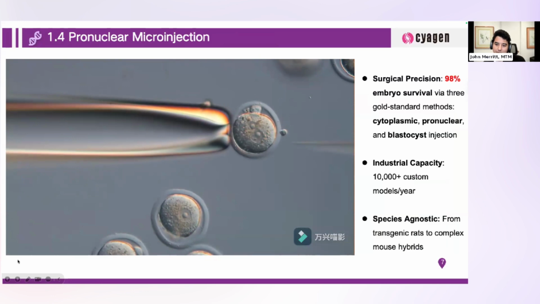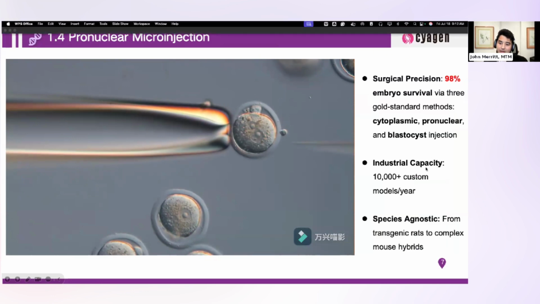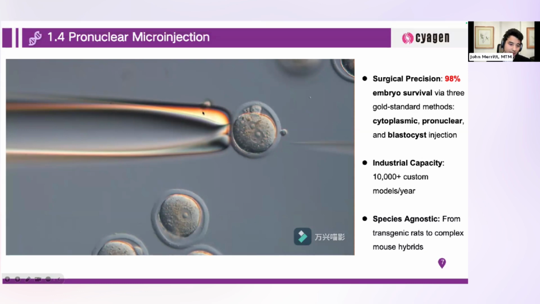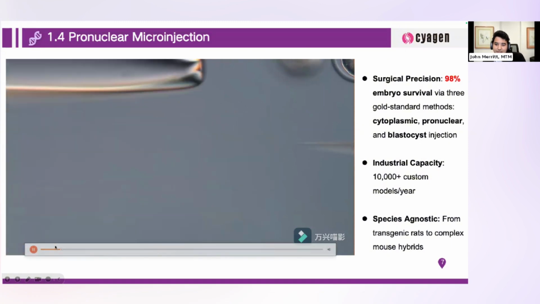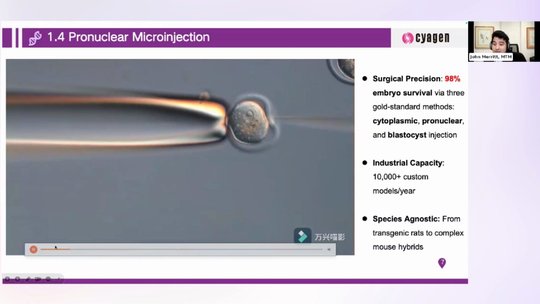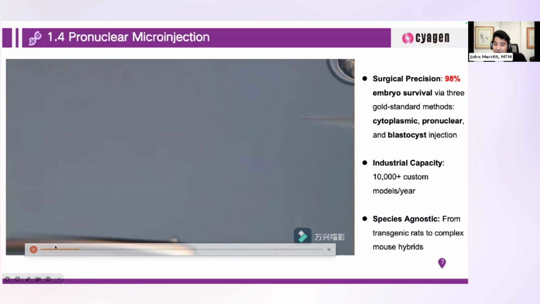And we can also do cytoplasmic injection, and we can also do blastocyst injection for ES targeting projects. But I'll just show you the video here. It's kind of cool to watch. And then we just do this hundreds of times until we get a founder.